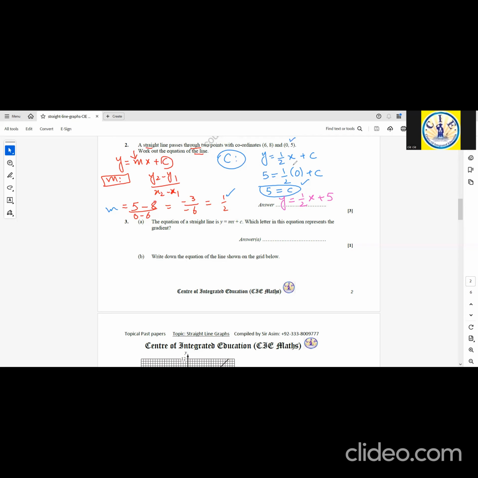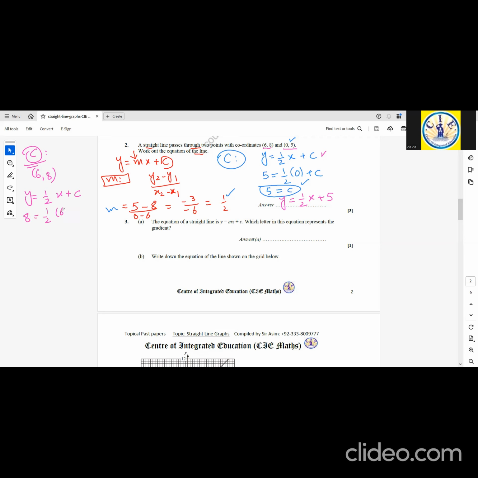Also, if we do not find this c by this point, we can find out this c using this point as well. Let me show it to you. c being calculated using this point 6, 8. y is equal to 1 by 2x plus c, and the value of y is 8.